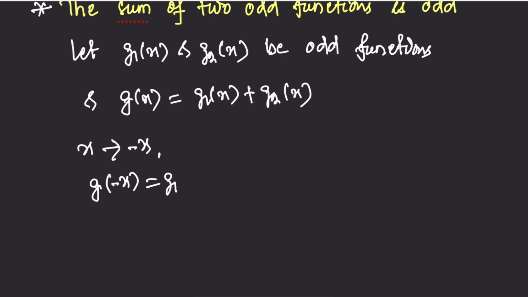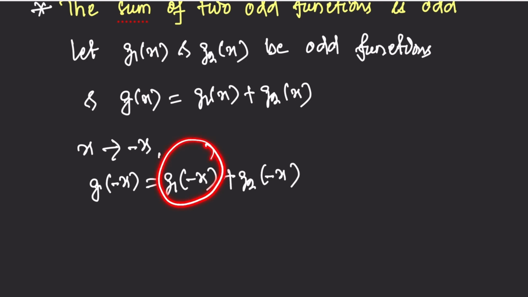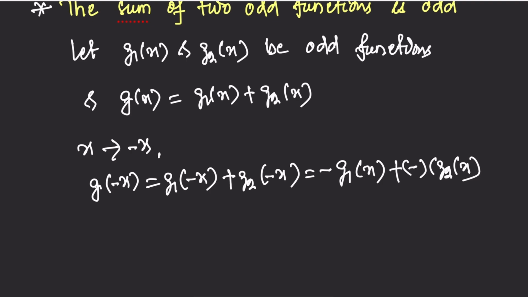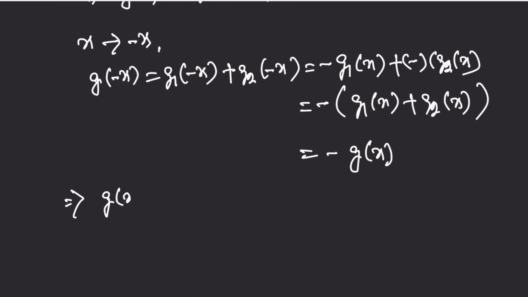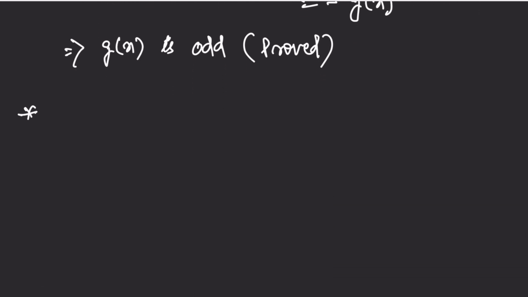We get, as g1x and g2x are odd functions, minus of g1x and minus of g2x, which is minus of g of x. Hence g of x is an odd function. So the sum of two odd functions is an odd function.